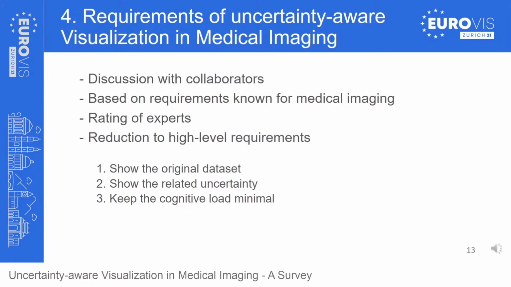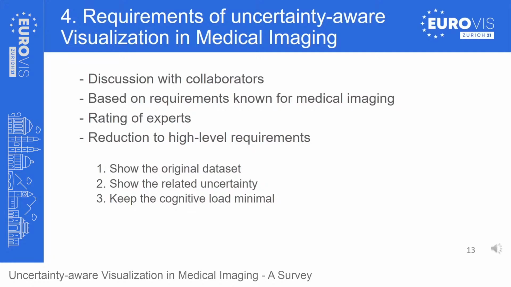We discussed this with our collaborators and presented them a list of known requirements for visualization in applications. And those requirements were rated by our experts, and we used the most important requirements they selected and reduced them to high-level requirements.